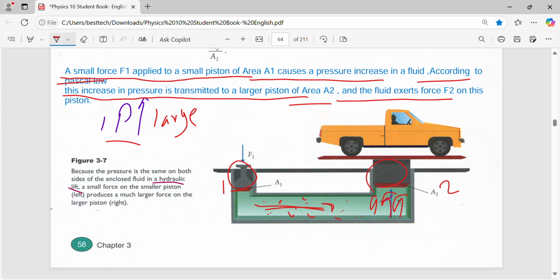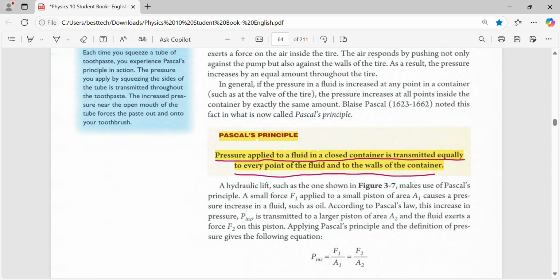This pressure exerts a force on the second piston. So this is called, in general, Pascal's principle. Again, by Barrett: pressure applied to a fluid in a closed container is transmitted equally. The pressure inside the container is equal at every point until it gets to the second piston, and to every point on the walls of the container.